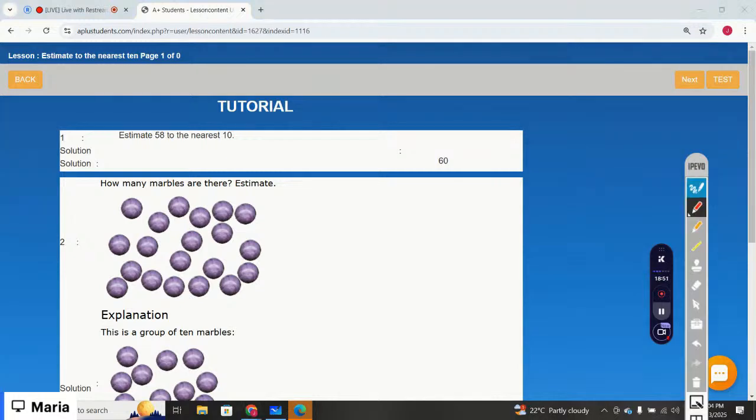So the first thing you need to learn is what is estimation, right? Basically, that is the process of finding an estimate or approximate, the you can say the guess.